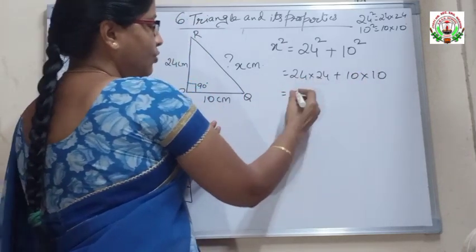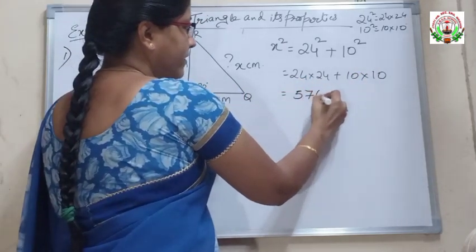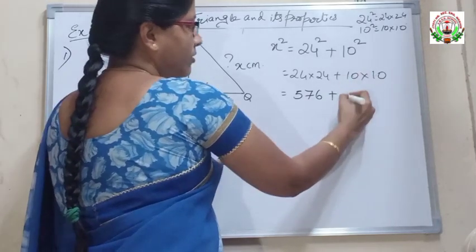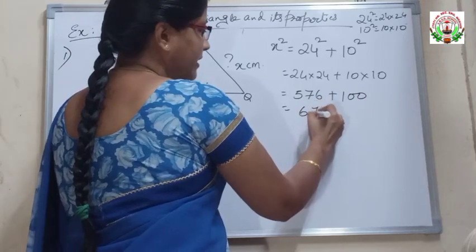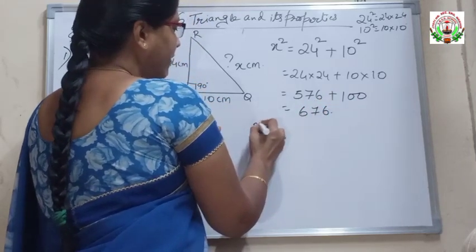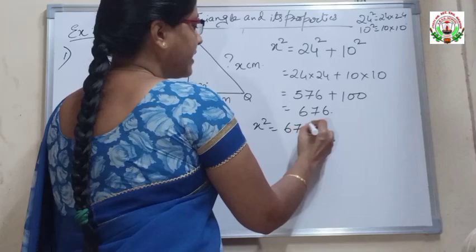So 24 into 24 is 576, plus 10 into 10 as 100. So 576 plus 100 is 676. So we have got x square is 676.